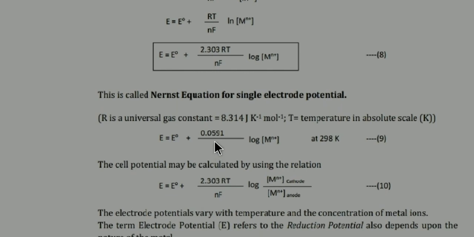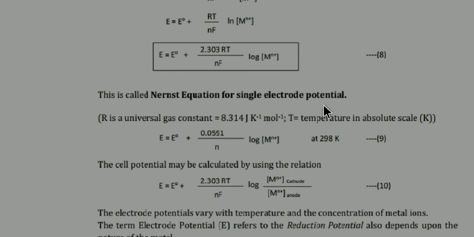If you take some particular reaction like the Daniell cell, then n changes, like n equal to 2 for the Daniell cell. So it is general, so I have taken n as it is. This is for a single electrode, and this is the final equation for single electrode potential.